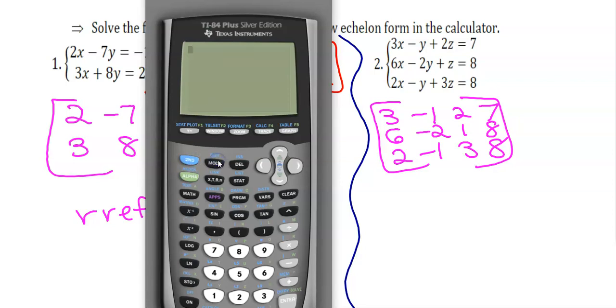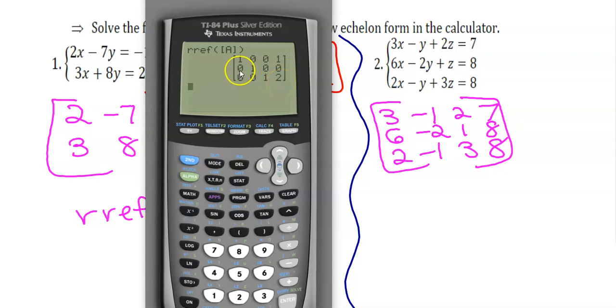Second, quit. Then I'm going to go down to second matrix again, go to math, go all the way down to RF. Just the fancy way, row echelon form, very fancy. Enter and enter. So let's see. I have X equals 1, Y equals 0, and Z equals 2.